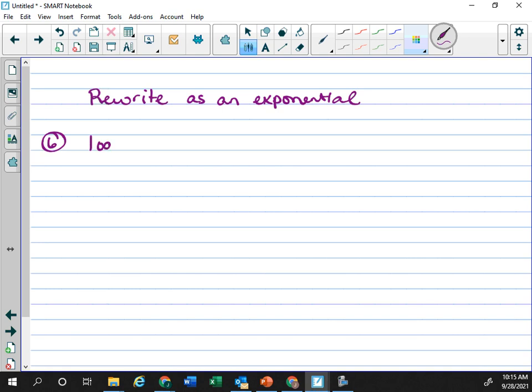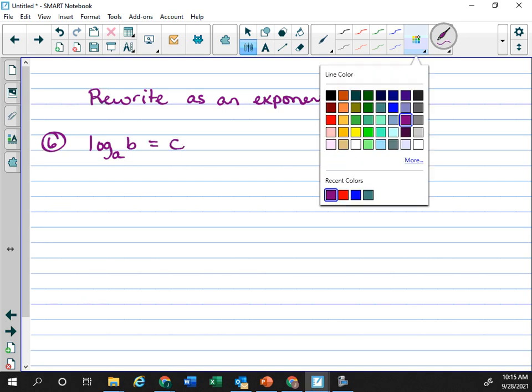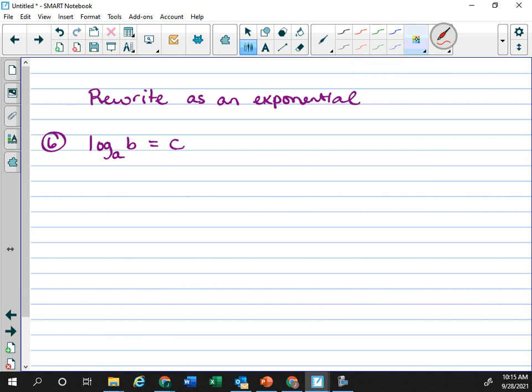So I've got log base A of B equals C. We are going to rewrite that as an exponential equation. Again, logs and exponentials are inverses of each other, and we'll look at that when we go to graph logs today as well.